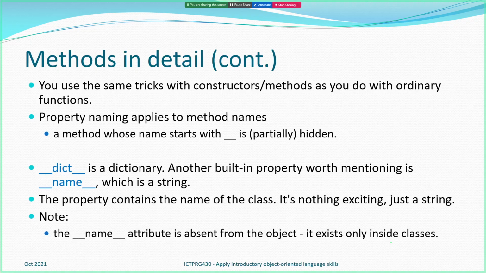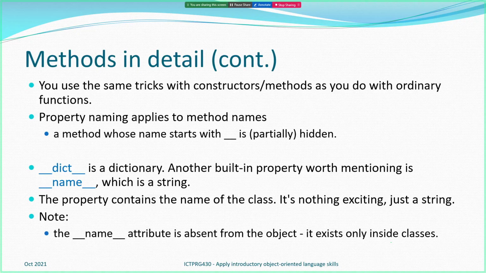So, when you're doing work to try to manipulate the data that you run through these methods and the constructors, you can use the same tricks that you do with any other part. Again, if you use a double underscore at the start of the name, it's a private name.